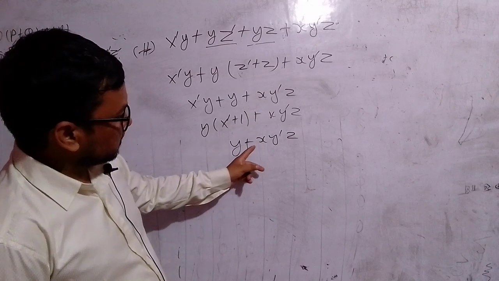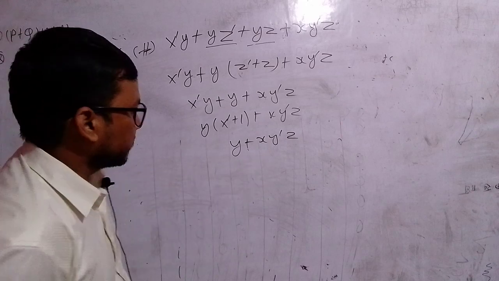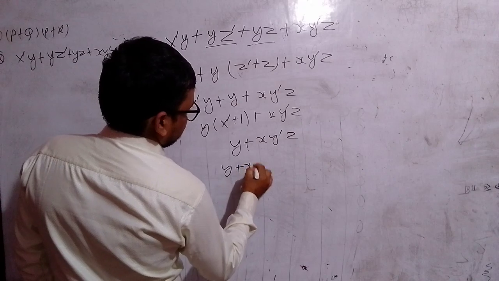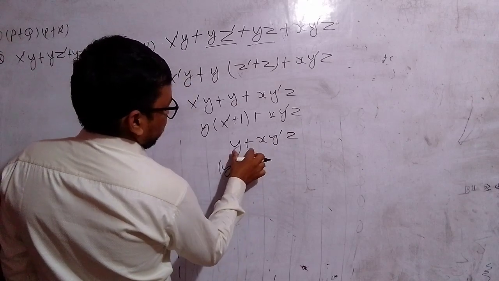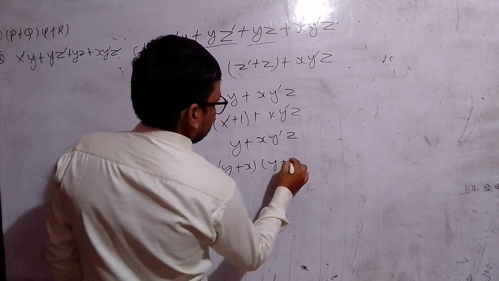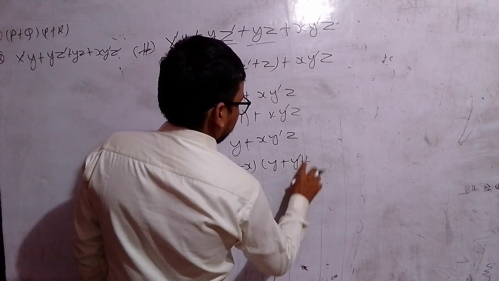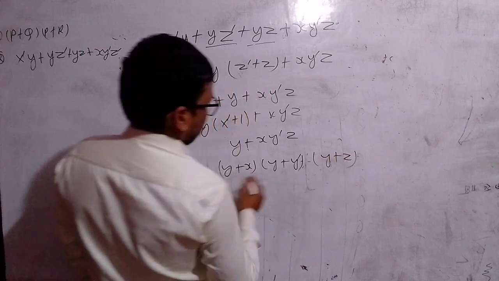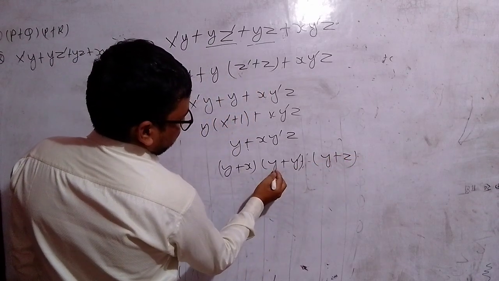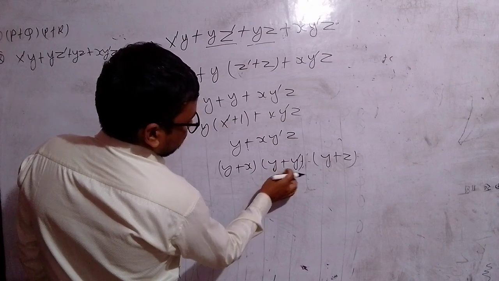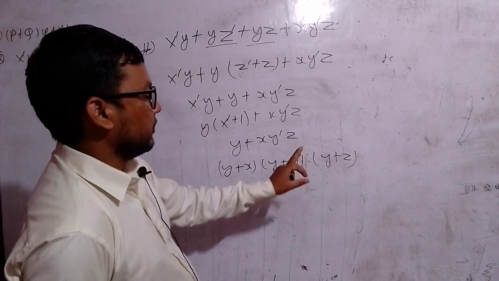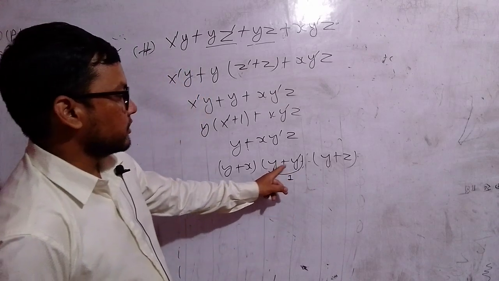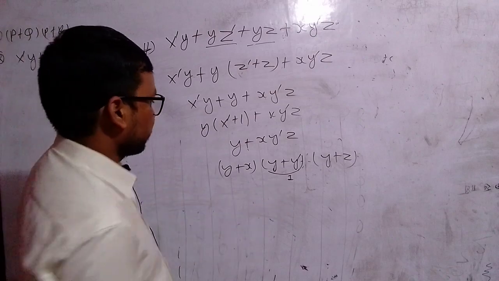Now we can reduce this expression further. Let's apply the distributive law: Y plus X, Y plus Y dash, Y plus Z. Here we have also seen that Y plus Y dash produces 1, because the sum of any variable and its complement gives result 1.